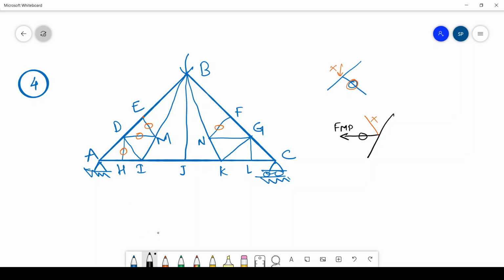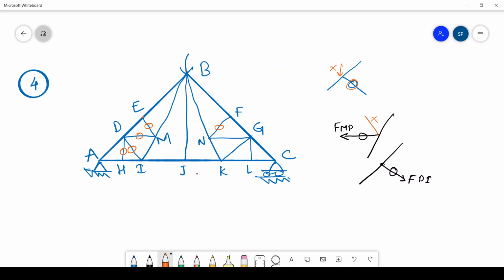Now friends, if you observe this joint D, what has happened to D? Now there is only one member force unknown, that is force along DI. But as there is no external load acting at D, again this will become 0. Right? So how many members on the left hand side will become 0? 4 members.